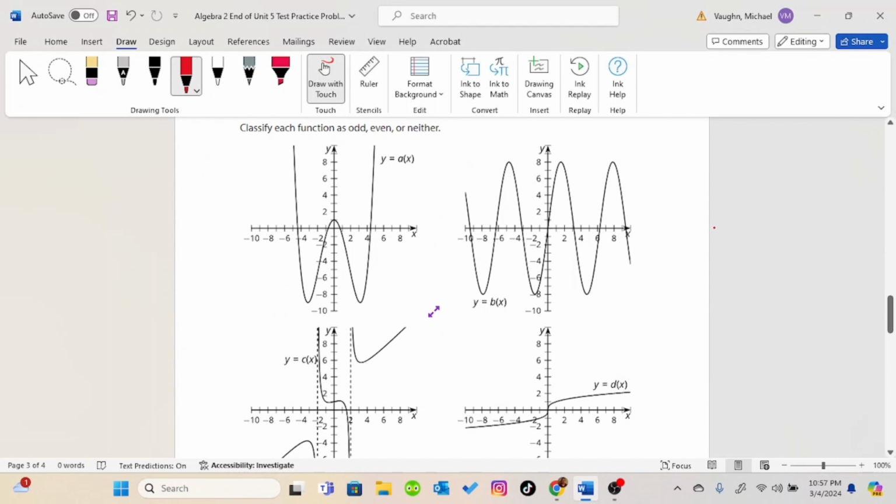Classify each function as odd, even, or neither. So first we need to understand. Odd is symmetric around the origin.